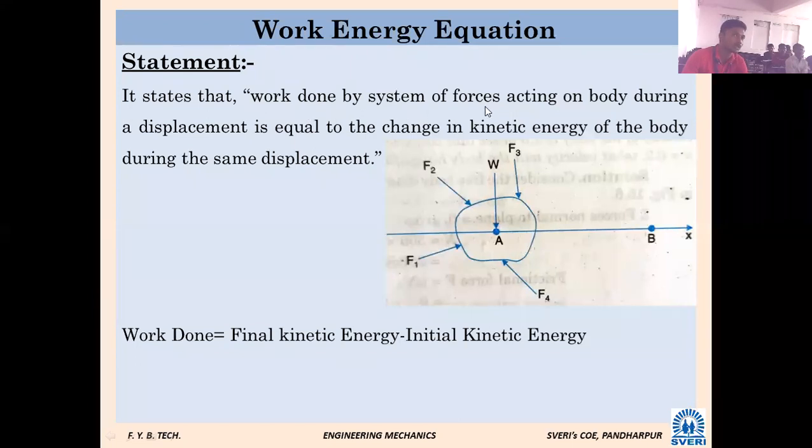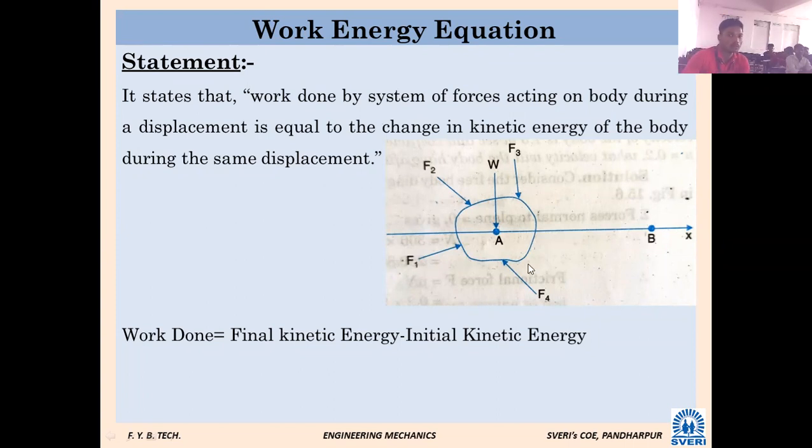Work done by a system of forces. There is one body, you can see the figure, which is initially at point A. After application of a number of forces, F1, F2, F3, F4, that body is displaced from point A to B due to these forces.